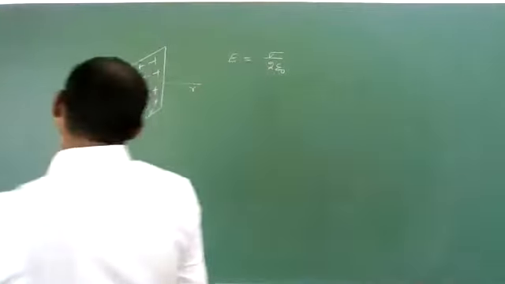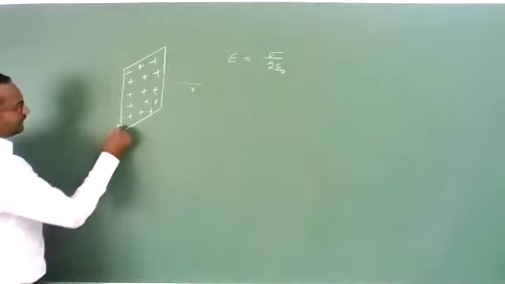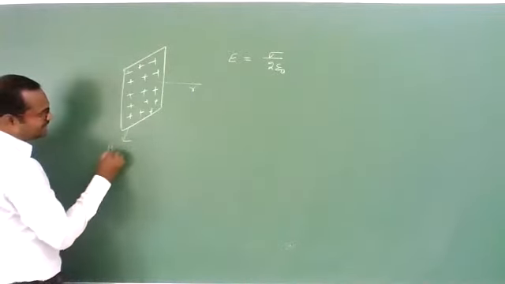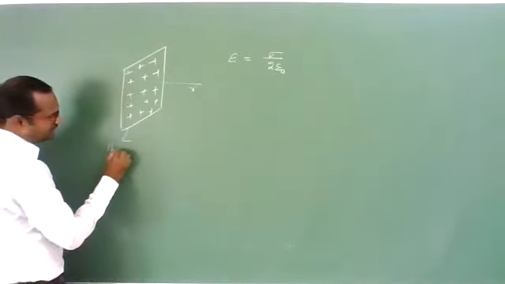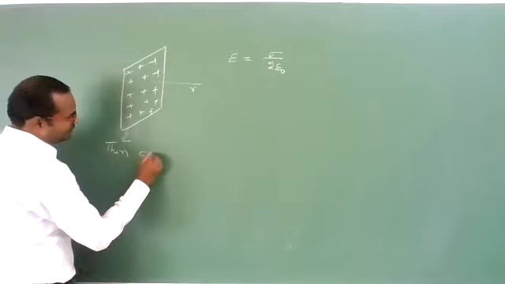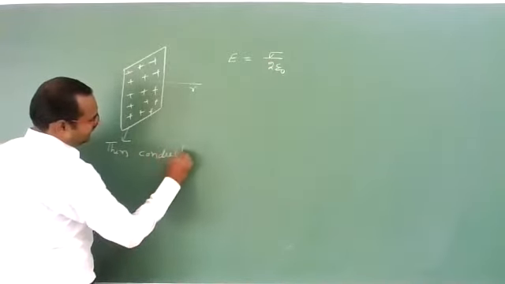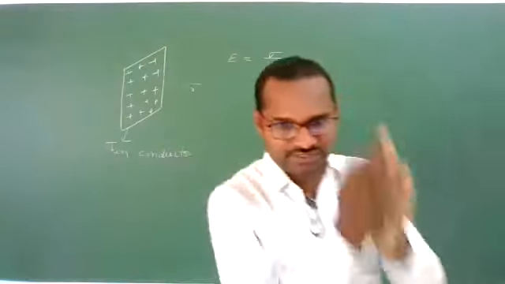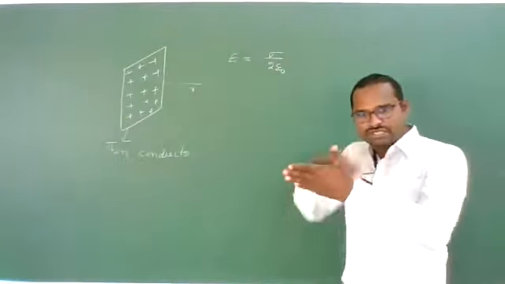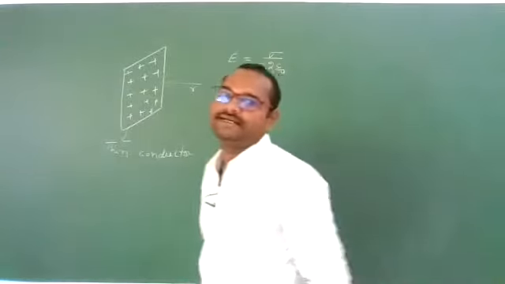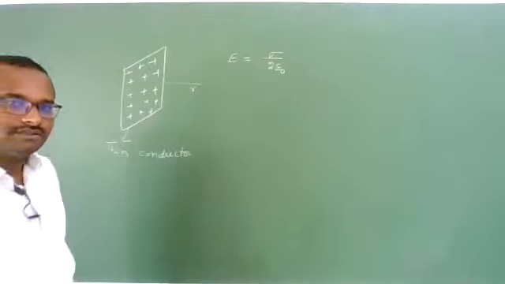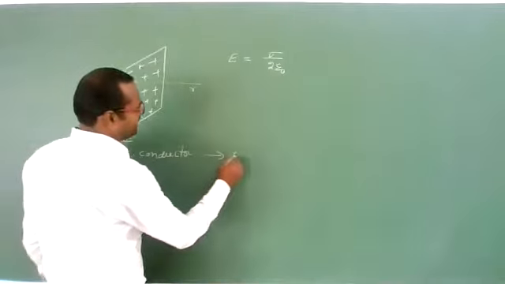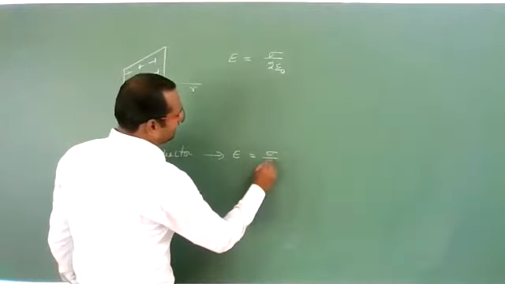Now, if this is a thin conducting sheet, a thin conductor, where charges are on the sheet, but the sheet is made up of a conductor and is very thin, then you will get the electric field as E is equal to sigma by epsilon naught.